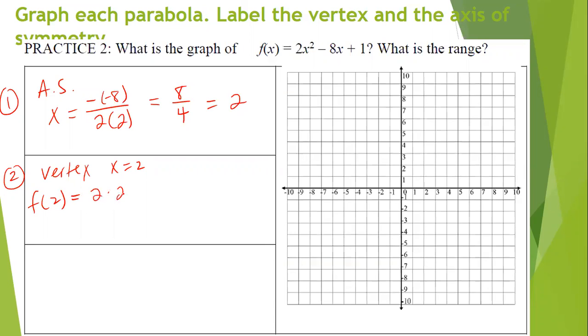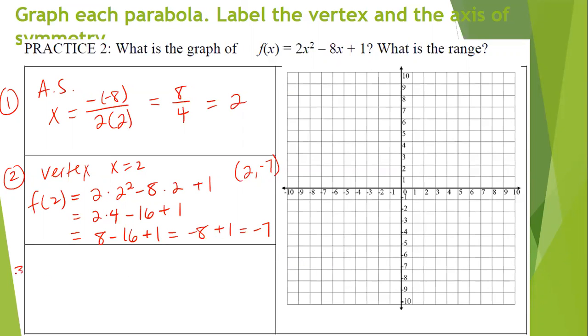So we have 2 times 2 squared minus 8 times 2 plus 1. That gives us 2 times 4 minus 16 plus 1, which equals 8 minus 16 plus 1. So we have -8 plus 1, which equals -7. So my vertex is at 2, -7.